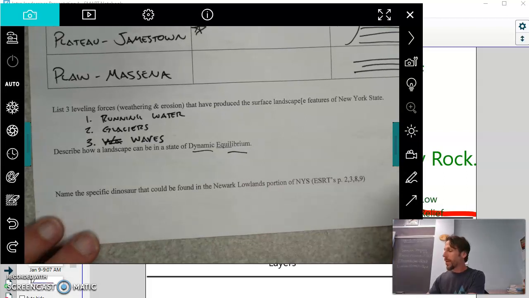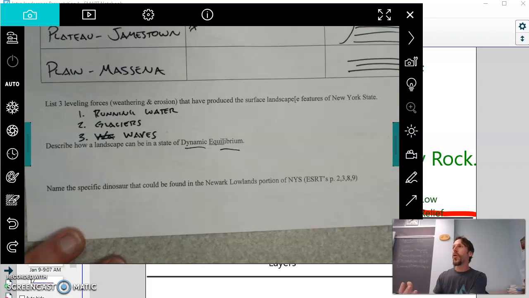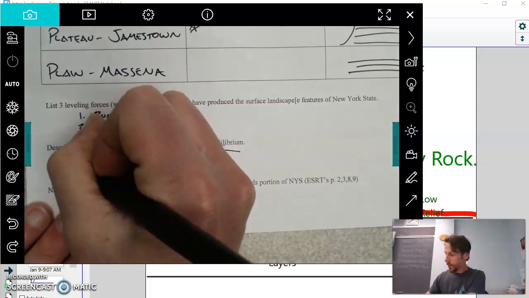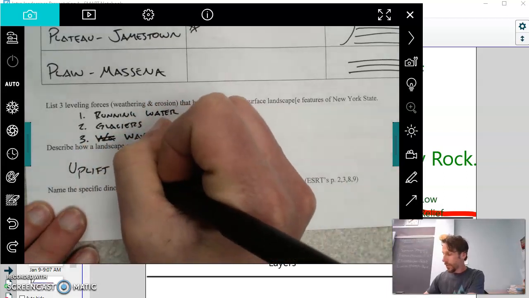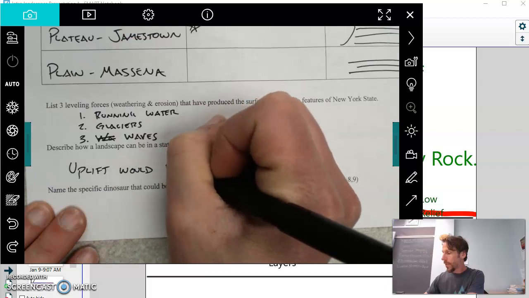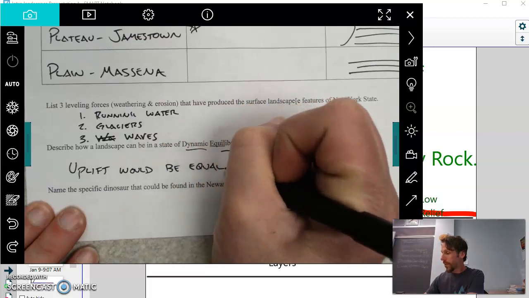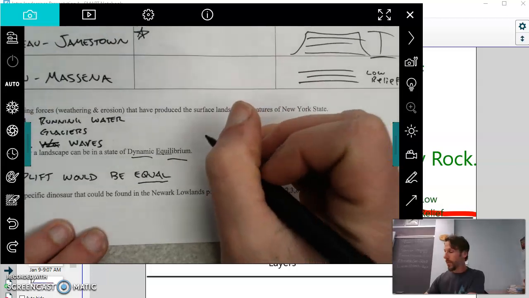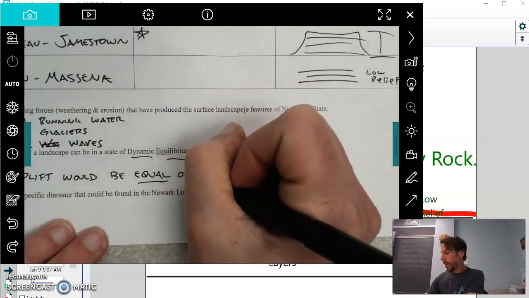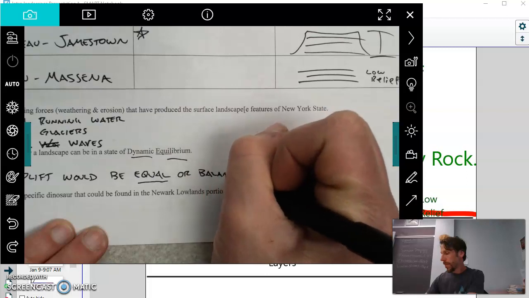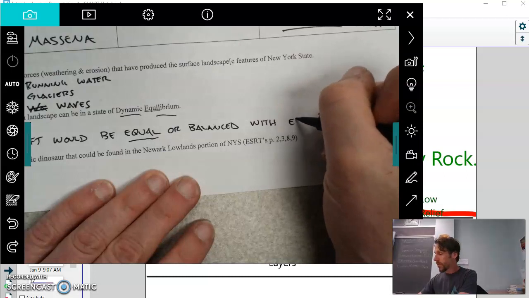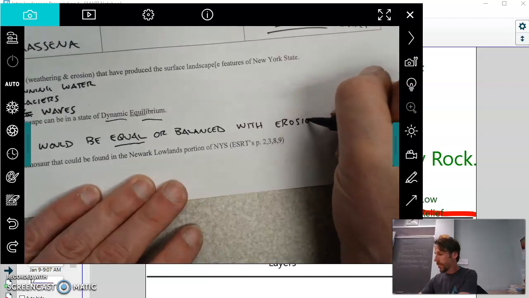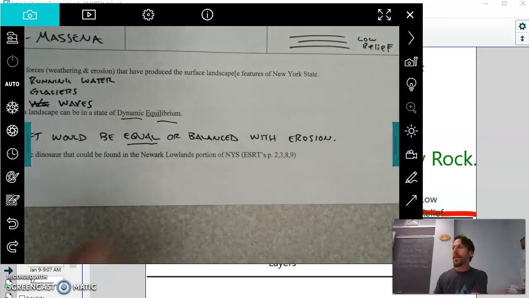So for a landscape to be in a state of dynamic equilibrium, your uplift, which is plate tectonics pushing the land up, would be equal, or balanced, with erosion. So what we're saying here is that as the land's getting pushed up, it's getting eroded down.